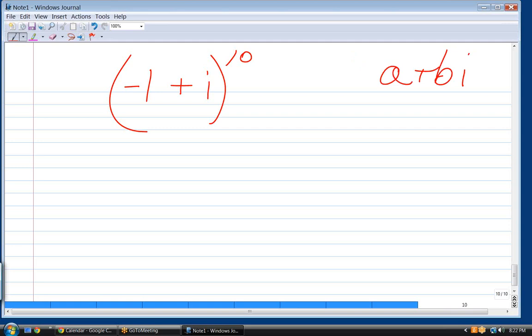De Moivre's theorem says z to the nth, and this is really where it has its best application, because that's not an easy thing to come up with, although I guess we could use the binomial expansion to come up with that. But de Moivre's theorem is a little bit better. It says this.